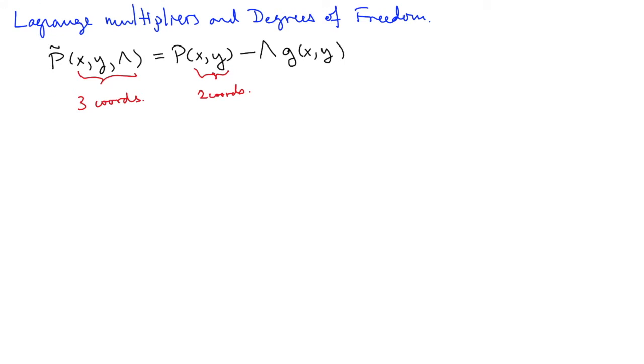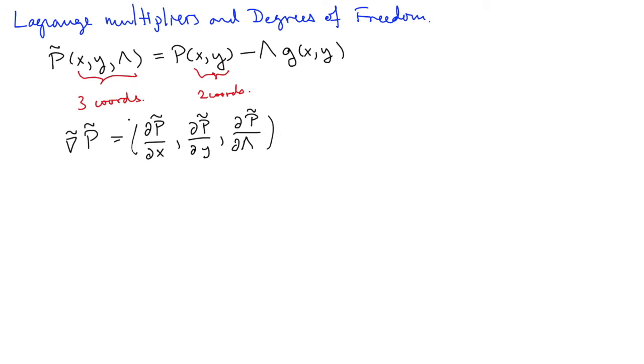Well, in terms of these 3 coordinates, the gradient of our new function is partial p tilde with respect to x, partial p tilde with respect to y, and partial p tilde with respect to lambda, where each of these partial derivatives is holding the other 2 of x, y, and lambda fixed.